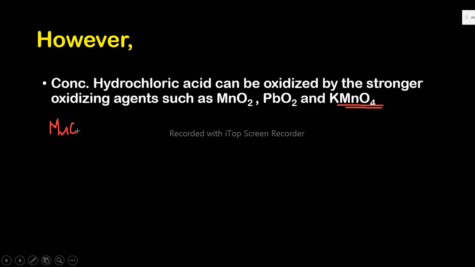Okay, and you write MnO4 minus, aqueous, then it gets acidified. Then it will be reduced to manganese 2 plus, and then plus the water, and this is liquid.